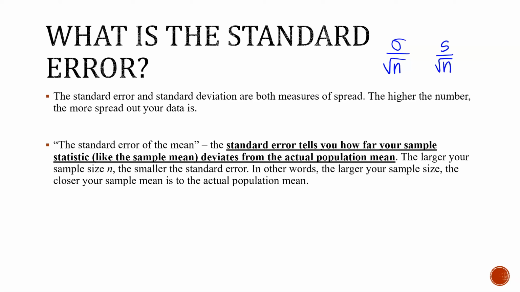Sigma and s both represent standard deviation. Sigma is the population standard deviation, and s is the sample standard deviation. The standard error tells you how far your sample statistic, like the sample mean, is deviating from the actual population mean. And so, of course, if we have a larger sample n, we have a smaller standard error.